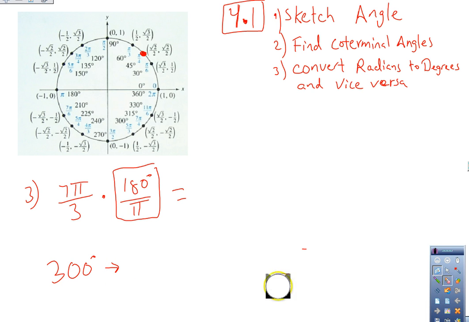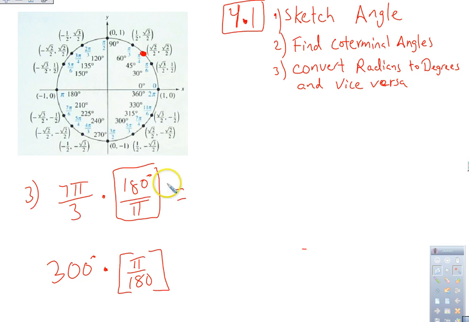Then what you're going to do is take the 300 and multiply it by pi over 180. So if we want degrees, we have degrees on top in this little formula. However, if we want radians, going from degrees to radians, we're going to put the pi on top. It's the same formula, it's just flipped over.